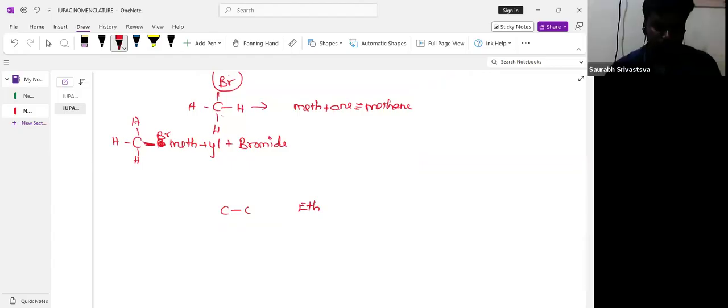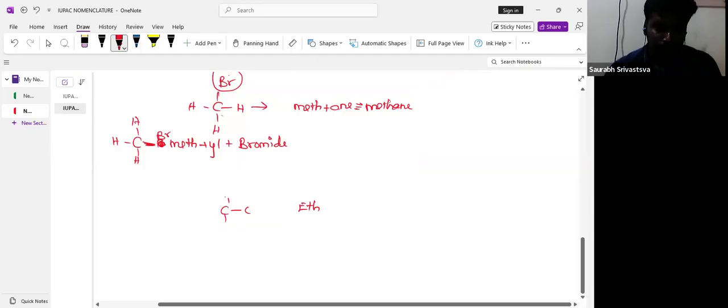Now here, if you are connecting all the terminals, carbon should have 4 bonds around it. Here first bond, second bond, third bond, and this one is the fourth bond. Clear? Now this carbon is satisfied. Again the next carbon: first bond, second bond, third bond, fourth bond.